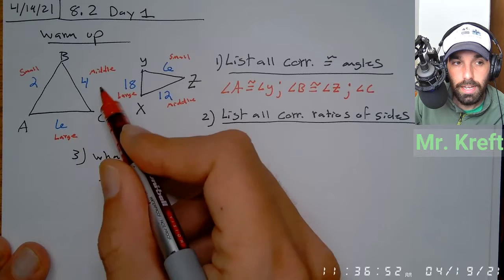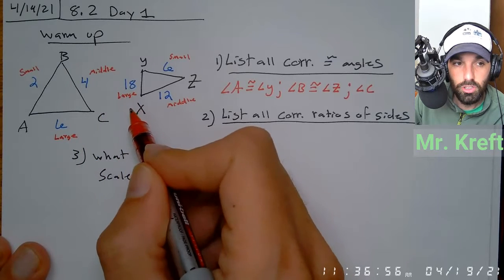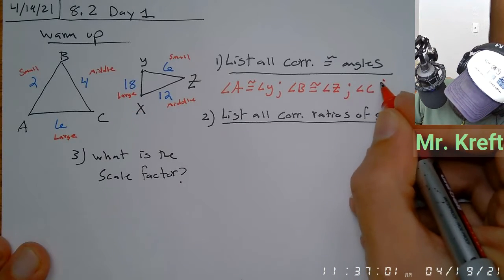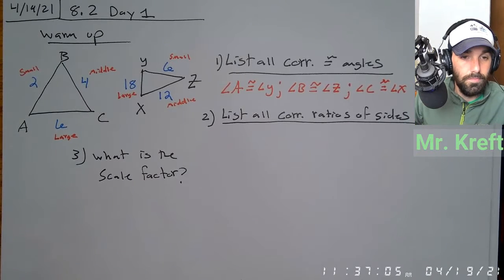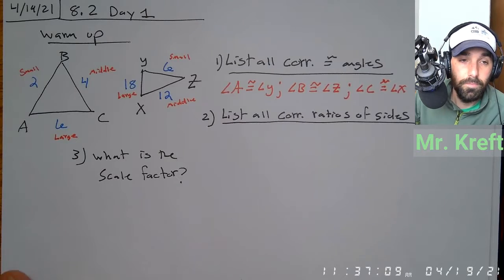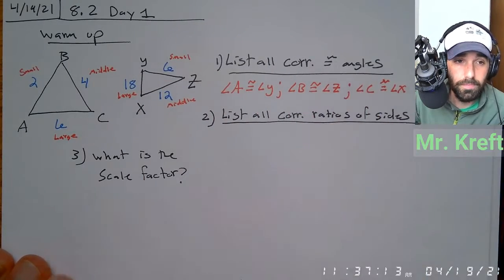C is between the large and the middle side, and X is between the large and the middle side. So angle C is congruent to angle X. That's listing all the corresponding congruent angles.